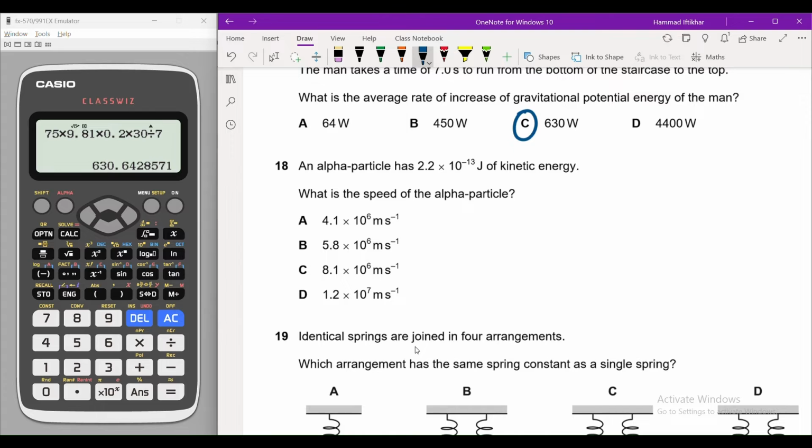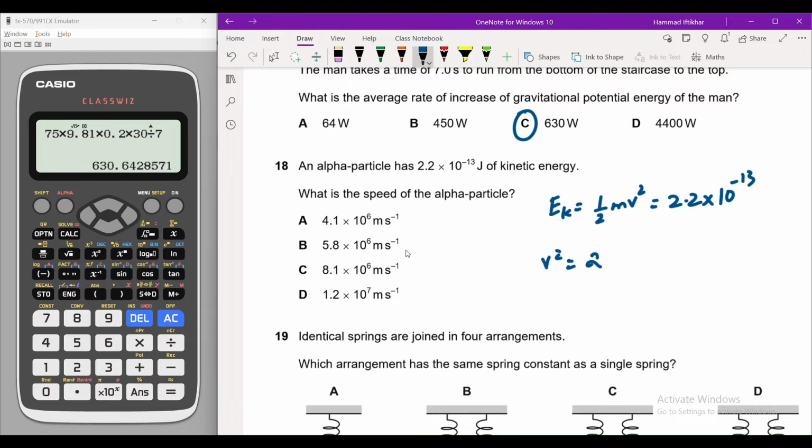An alpha particle has 2.2 times 10 raised to the power minus 13 joules of kinetic energy. What is the speed of the alpha particle? Okay, so alpha particle. So we have EK, half mv squared equals 2.2 times 10 raised to power minus 13. So we need the speed, right? So obviously we need to know what the mass is.